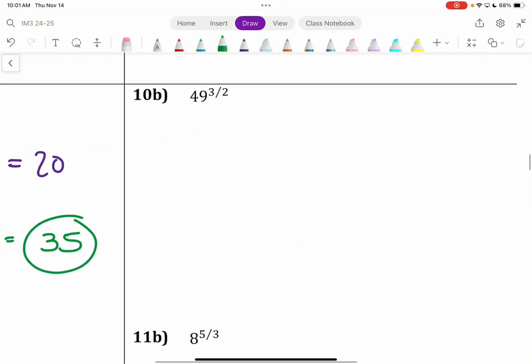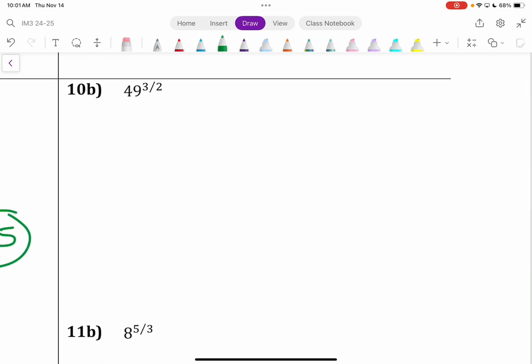Okay. So now look at this one. Also an improper fraction. 49 raised to the 3/2 power. So the denominator, once again, the 2 tells me I need 2 groups, basically 2 numbers that multiply to 49. Those 2 numbers would be what? Same number, by the way. 7 and 7.